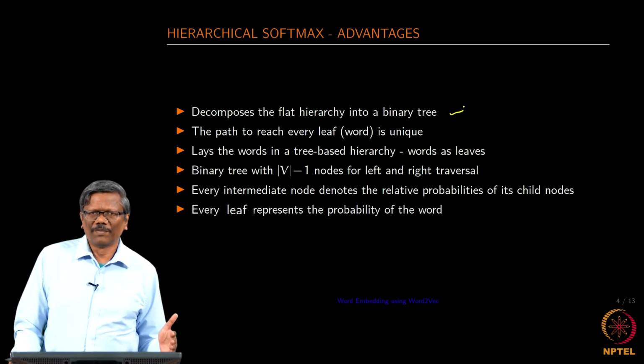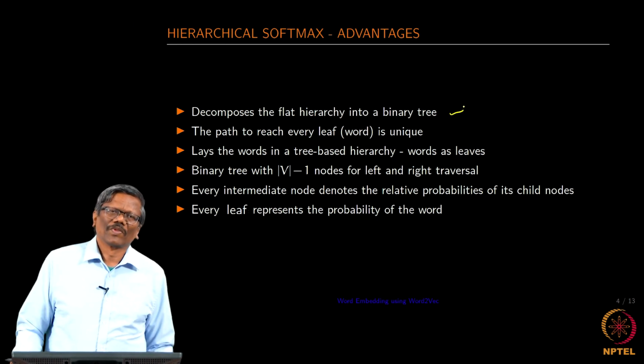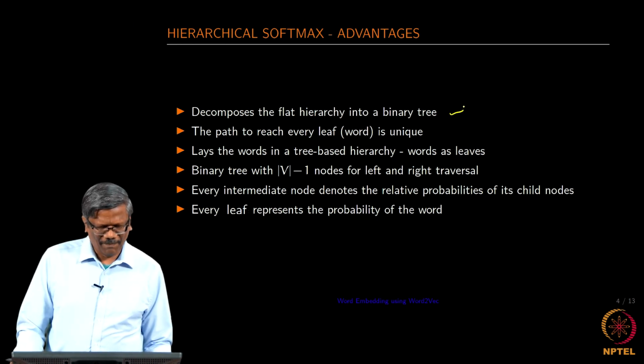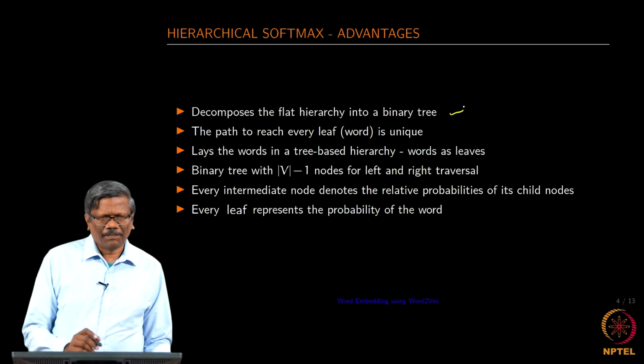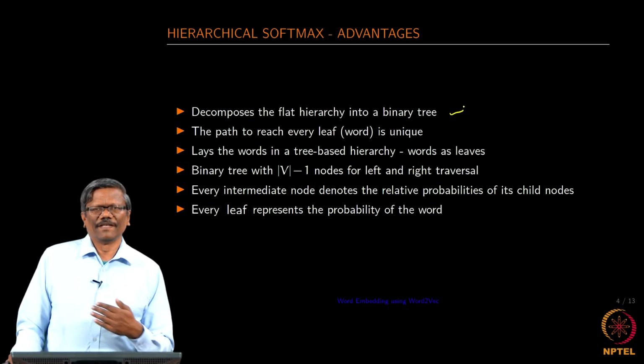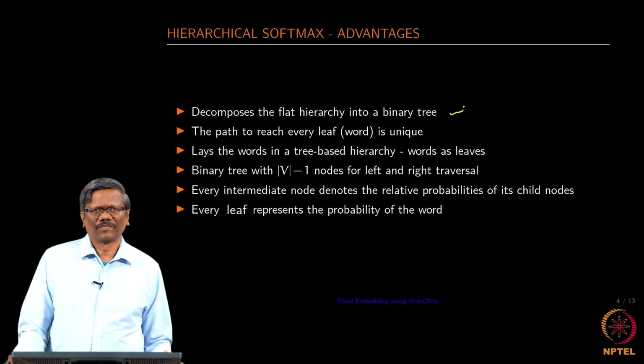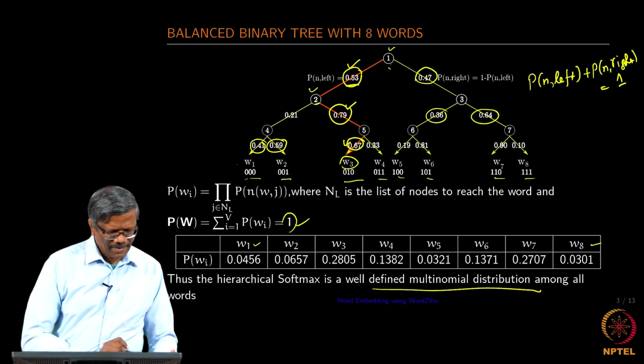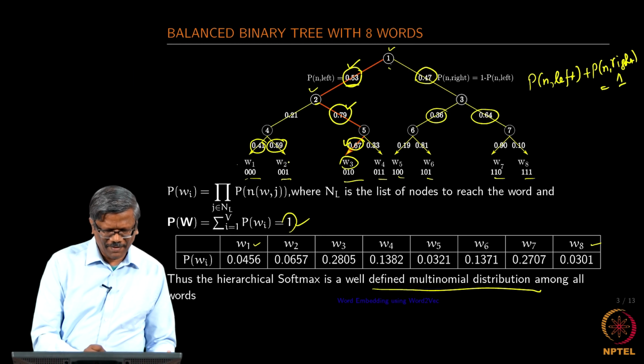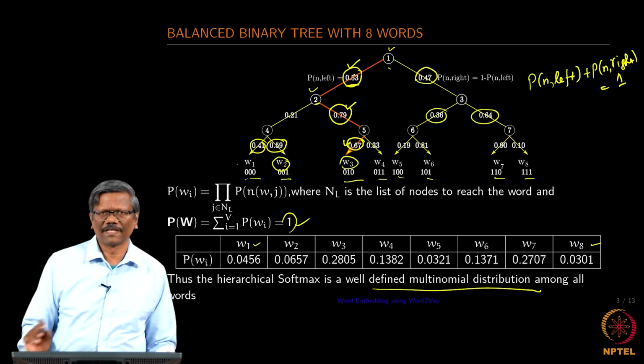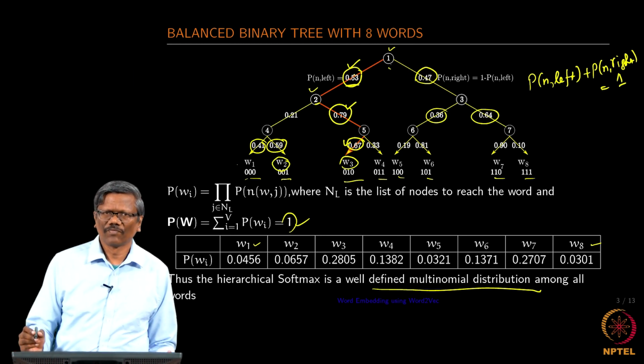The depth will be proportional to the size of the vocabulary that you have, and the path to reach every word is unique. Okay. We have seen that in the previous case, correct. So, every word has a very specific path.